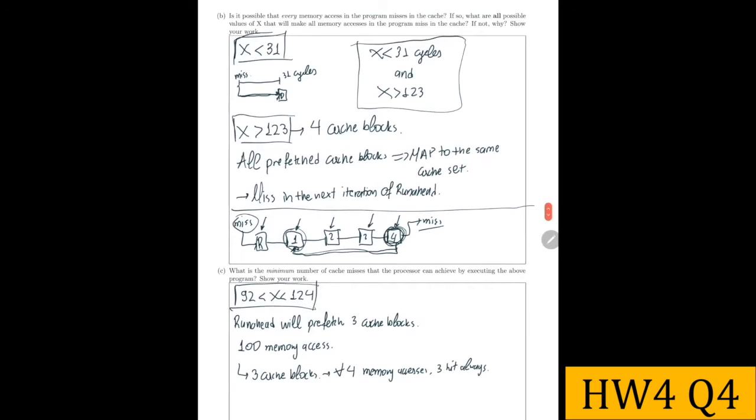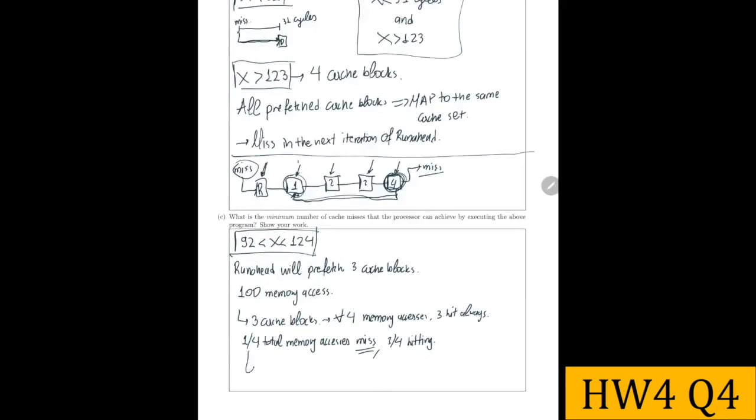We do not thrash because we prefetch 1, 2, 3, and the one that was serviced, which can fit in the 4-way associative cache. So in this case, we have 1/4 of the total memory accesses missing, and 3/4 hitting. 1/4 is 25 cache misses, which is the answer to this question.